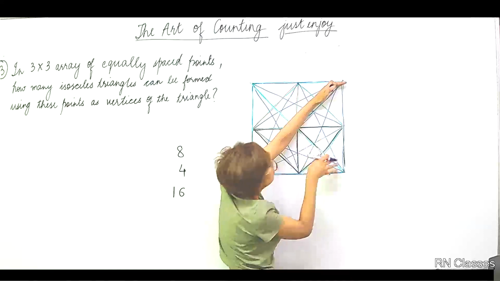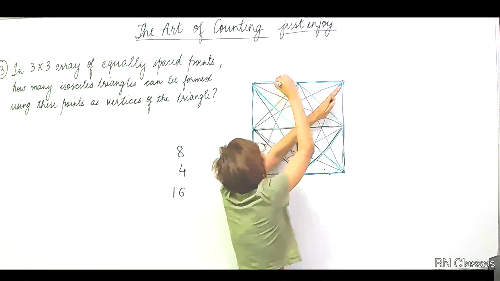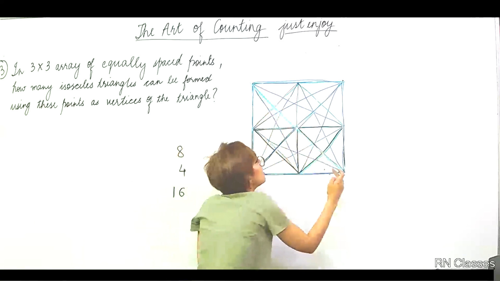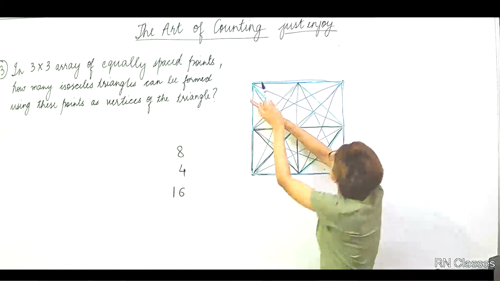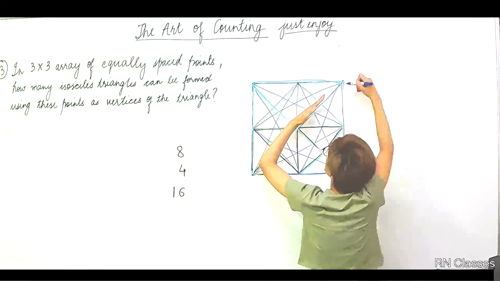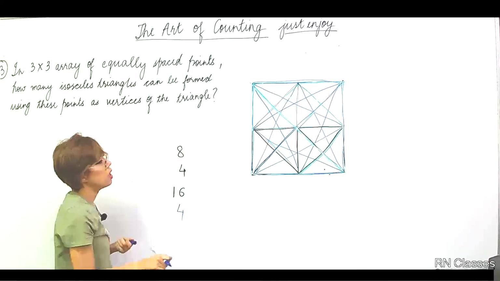So 1, 2, 3. This is 3, and from this side, I'll also have another one. That is 4. So taking this as the base, मुझे मिली 1, 2. Taking this as the base, 1 and 2. So total 4. Right? 4 more.